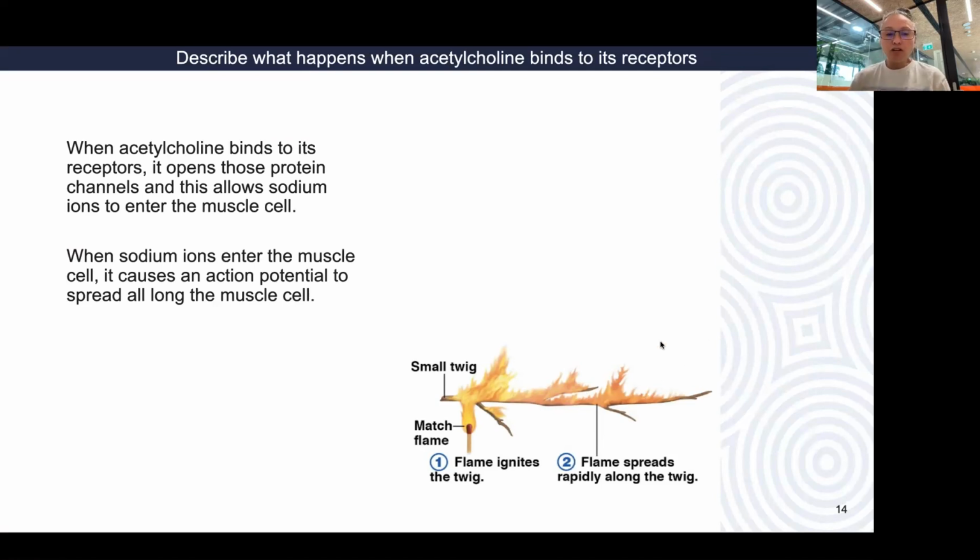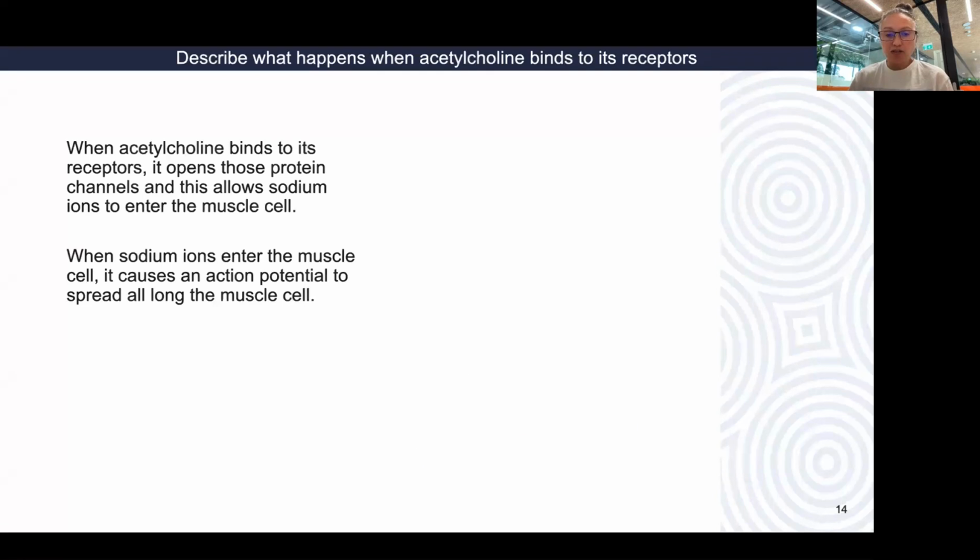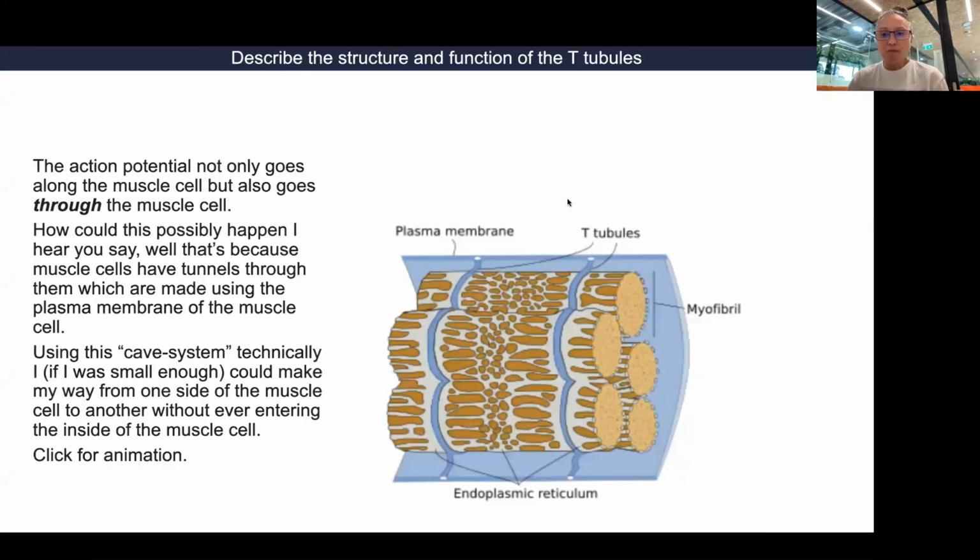But not only does the action potential go all the way along the muscle cell, the action potential goes through the muscle cell. Look, how the hell does this happen? Well, look at this. This blue stuff here, that is the plasma membrane of the muscle cell.